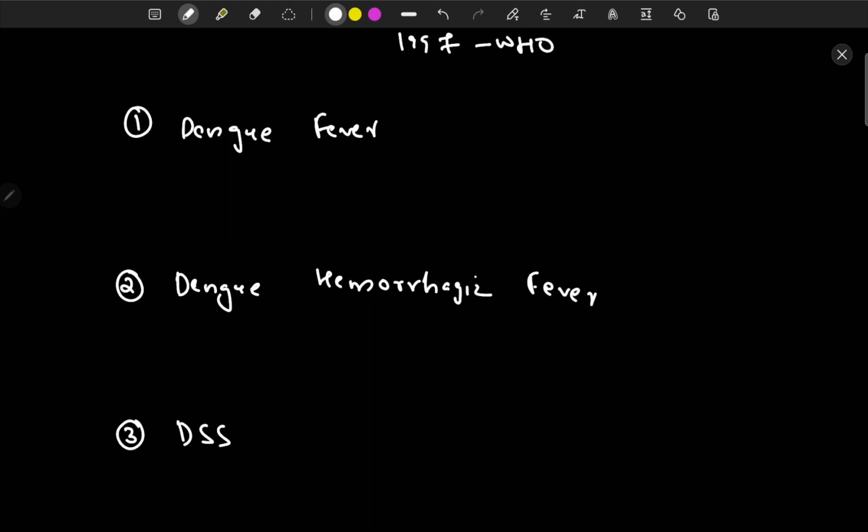So in dengue fever, there is abrupt onset of high grade fever.